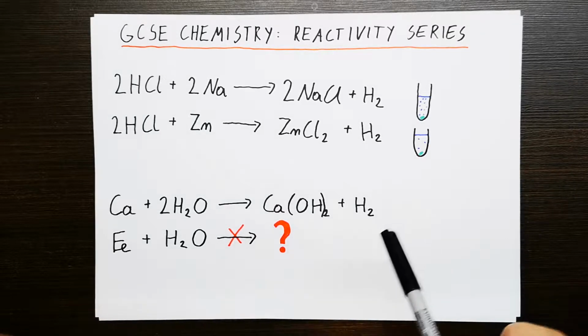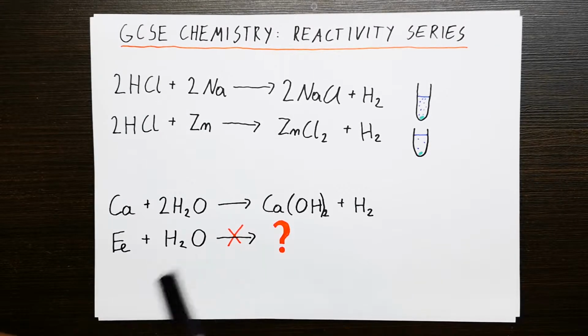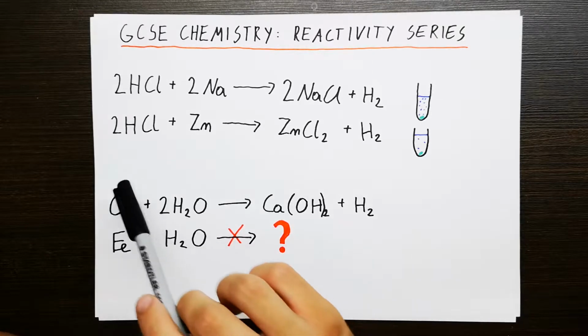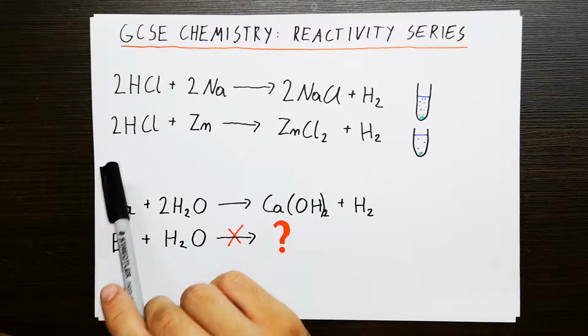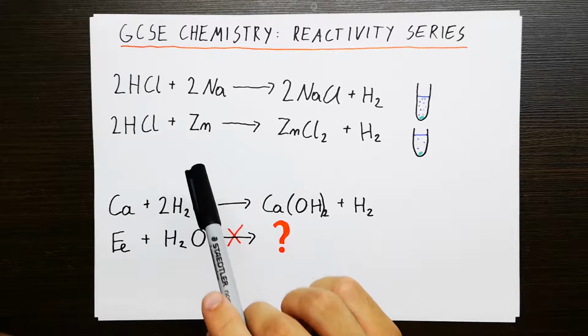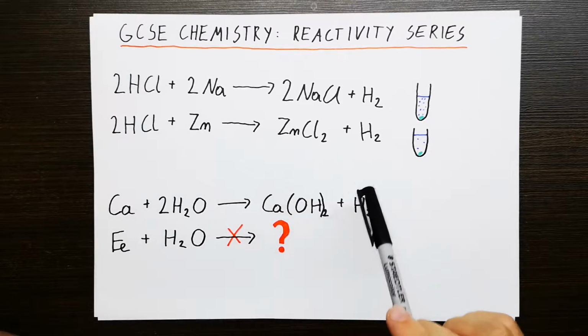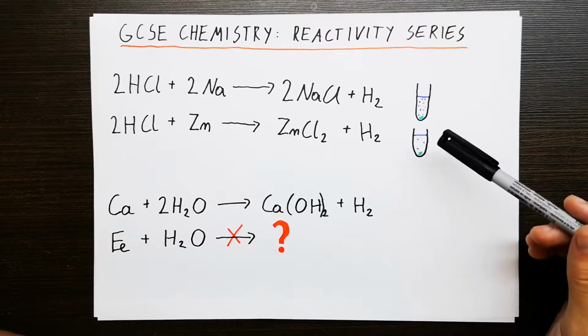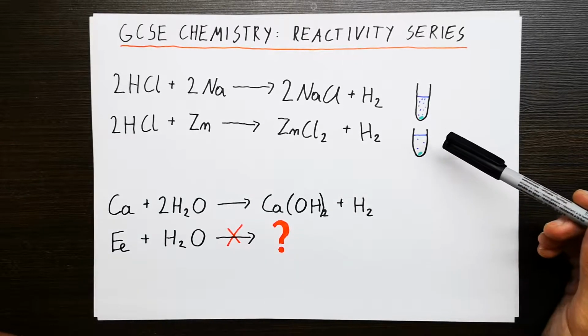Now, if we do a very similar type of reaction, if we react hydrochloric acid with zinc to give us zinc chloride, and again, hydrogen gas, we would see something that looks more like this.